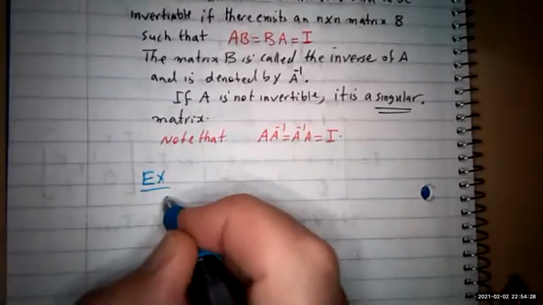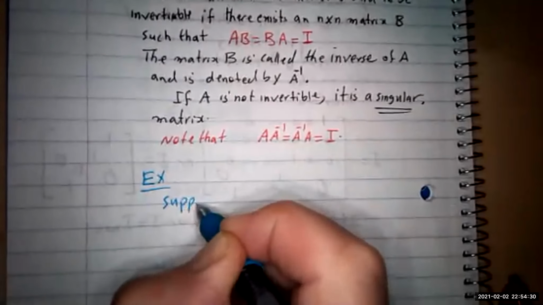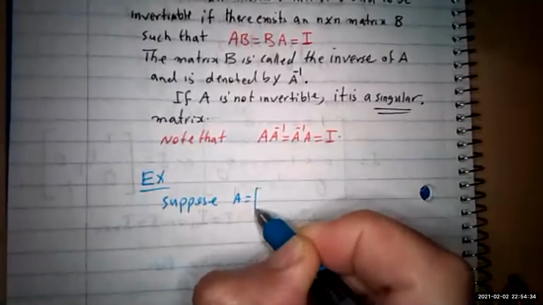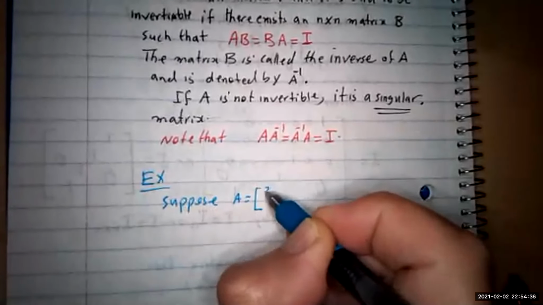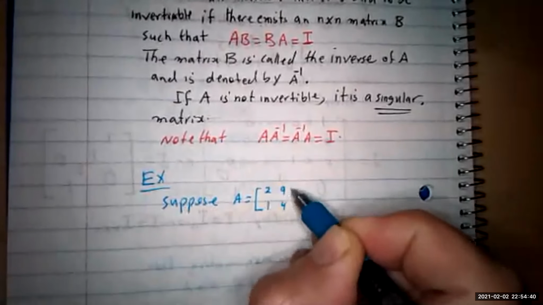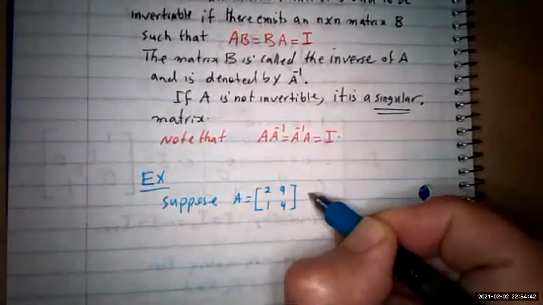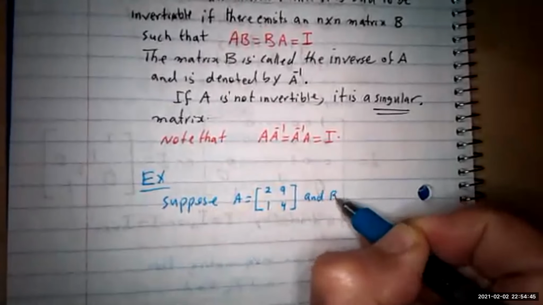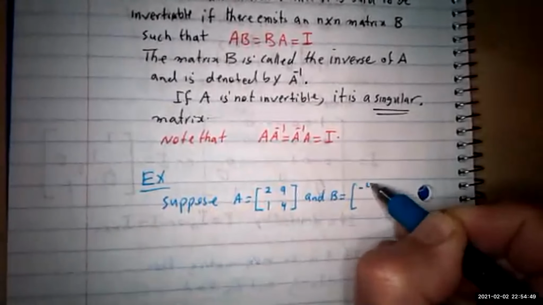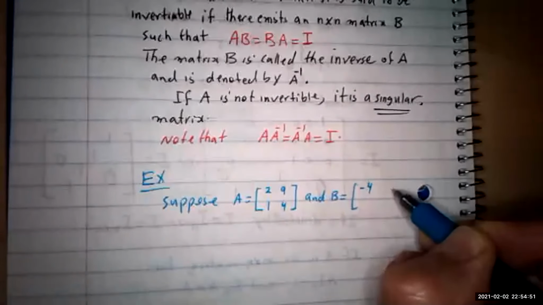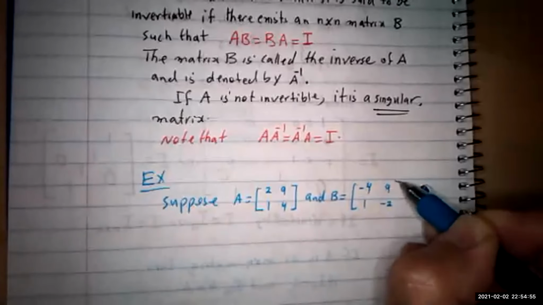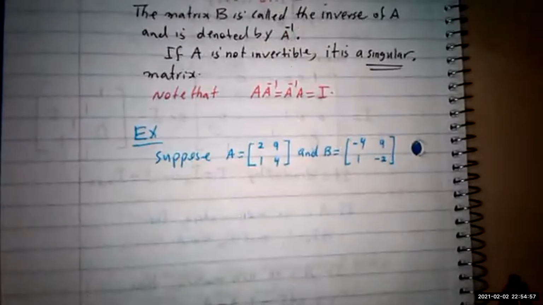Suppose you have two matrices. Suppose A is equal to [2, 9; 1, 4], and B is equal to [4, -9; -1, 2].